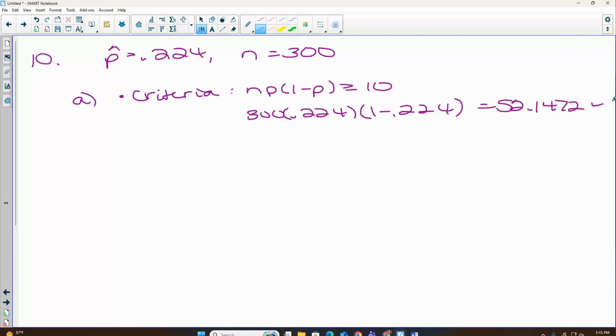So that's good. We should also verify that it's less than 5% of the population, but if we're talking about 300 adults, would that be less than 5% of the total adult population? Yeah. Okay, then everything else is on the formula sheet. So our mean for p hat is what?